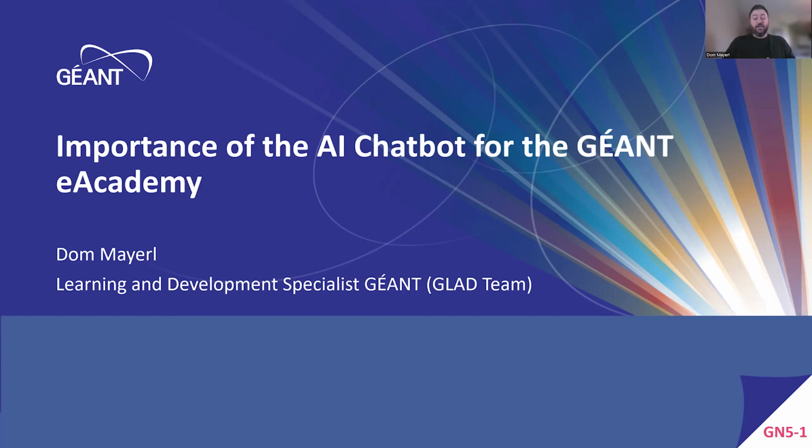And it is available to users from thousands of research institutions. We need to remember that the reach of the eAcademy extends beyond GN5 and GÉANT, and it really does embody the GÉANT Association's mission to empower research and education with an open, innovative, and trusted information ecosystem.